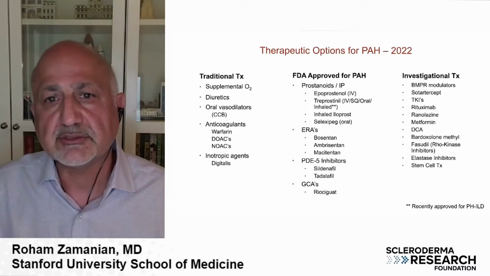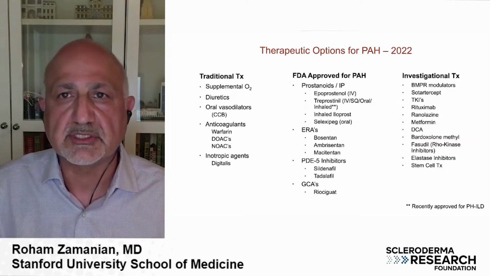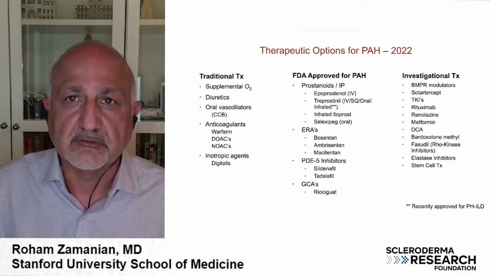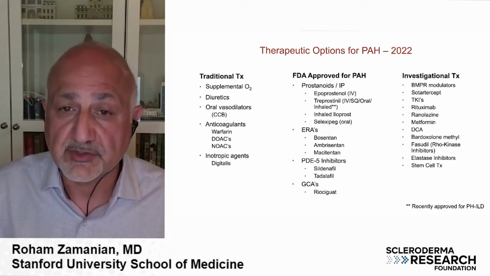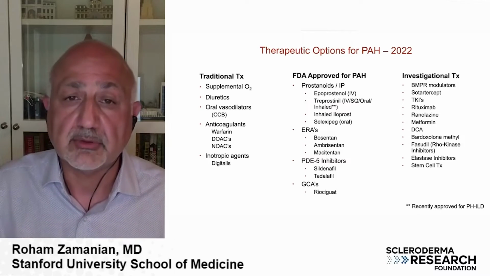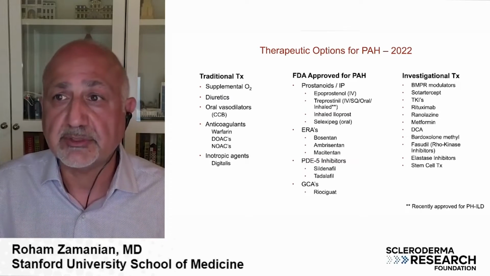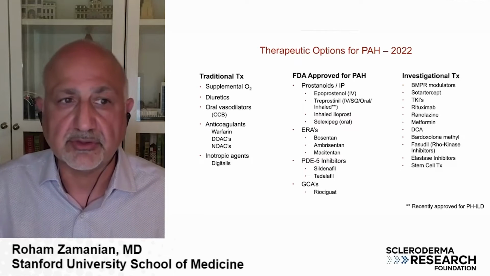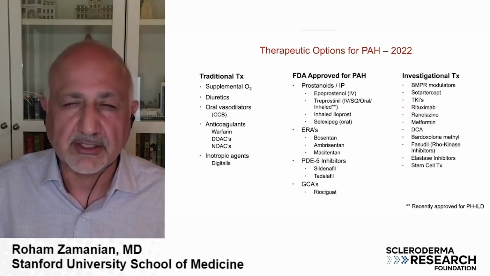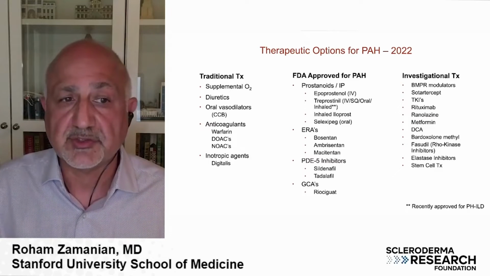So I want to just shift a little bit to say, what are the treatment options that exist currently for the diagnosis of group 1 PAH? And all of these patients are applicable to patients with systemic sclerosis. So there are traditional therapies like supplemental oxygen, diuretics that reduce the volume, sometimes anticoagulants, not usually for systemic sclerosis patients.